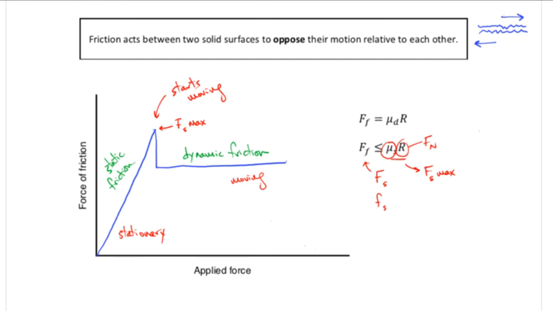Now here, the force of dynamic friction, I sometimes write this as F sub d, or you could use lowercase f sub d, is equal to, similarly, the coefficient of dynamic friction multiplied by the normal force. And you can see here that the coefficient of dynamic friction is generally lower than the coefficient of static friction. This value for static friction is higher than the constant value for dynamic friction.